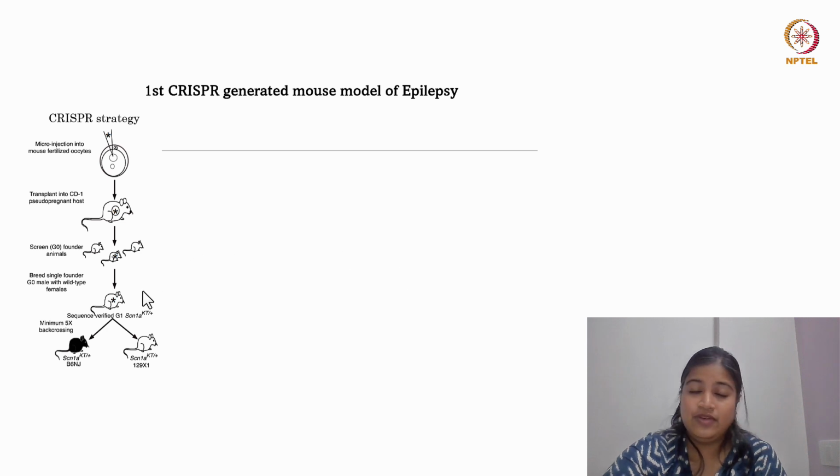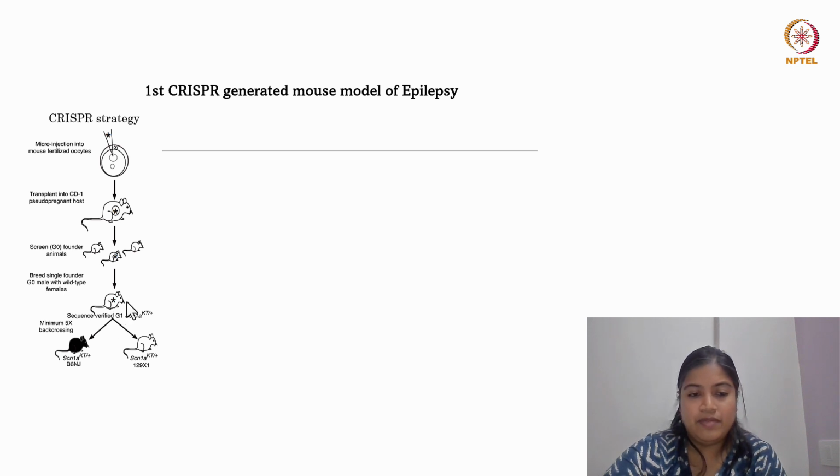So how did we do that? Very briefly, we micro-injected all the components of the CRISPR into a pseudo-pregnant dam. When she gave birth, we screened the progeny for the one mutant which had this particular CRISPR-edited SCN1A gene.